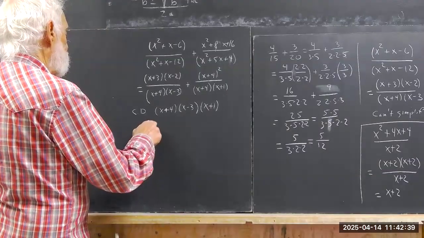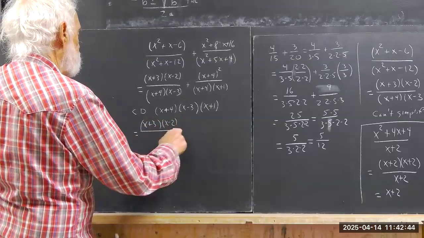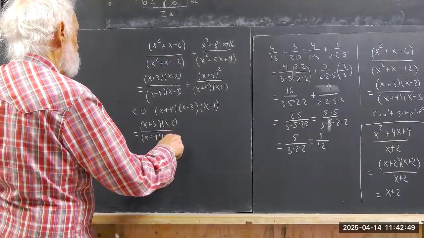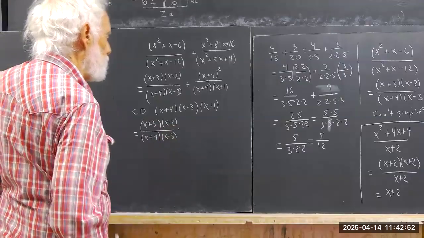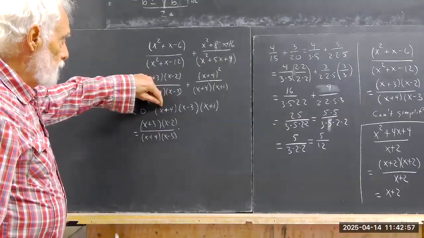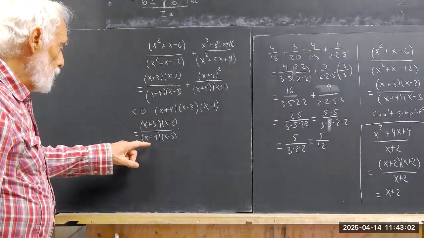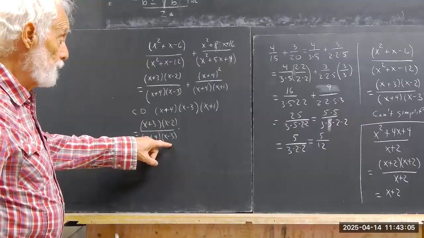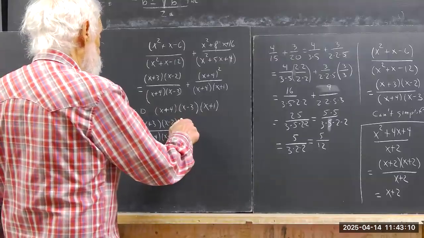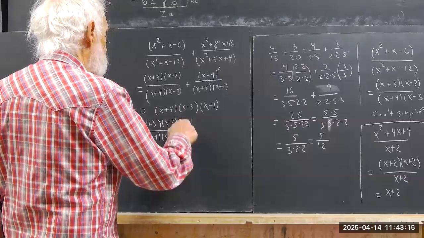So now, when I do my next step, I'll write my first expression, x plus 3 times x minus 2 over x plus 4 times x minus 3. And what do I have to multiply that by in order to get an equivalent fraction with the denominator x plus 4 times x minus 3 times x plus 1? Well, my fraction already has x plus 4 times x minus 3. We need x plus 1 to get the same denominator, so I have to multiply by x plus 1 over x plus 1.